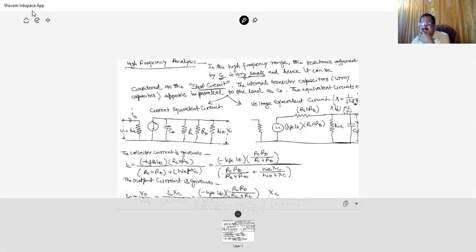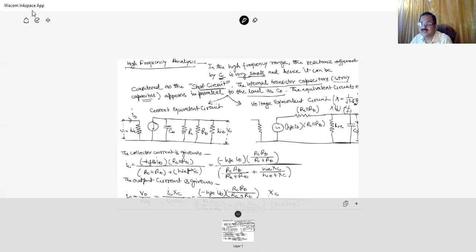But at high frequency, the internal transistor capacitors, known as stray capacitors or parasitic capacitors, which we will discuss later, appear in parallel to the load as C0.